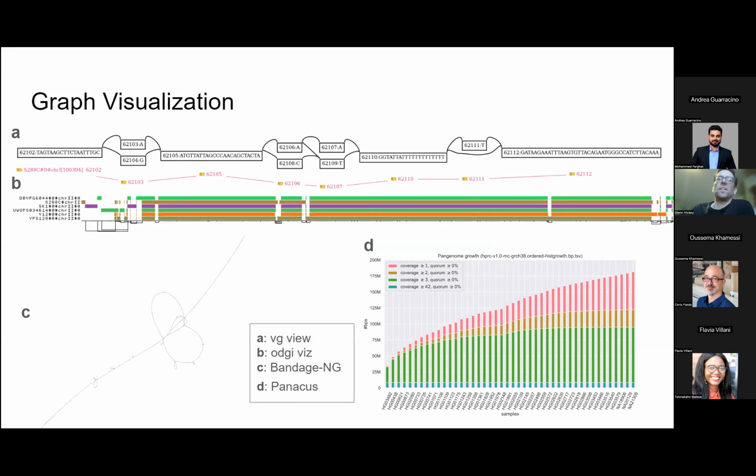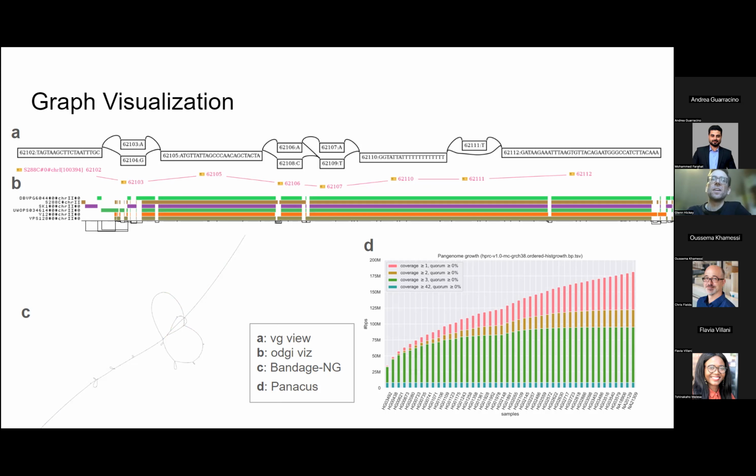One of the first things you could use your graph for that's interesting is visualization. Some of these complex SVs or complex sites, you really need a graph to see. And I'm sure Andrea will go into much better detail than this, but there are many different approaches, and this is still a very active area.